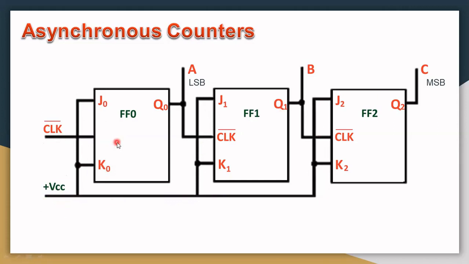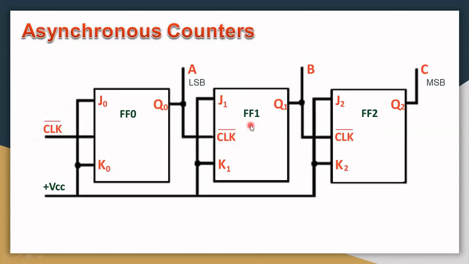For the first flip-flop, we are using a direct clock pulse that is negative triggering. That means this flip-flop is active only when the clock pulse is negative triggered.